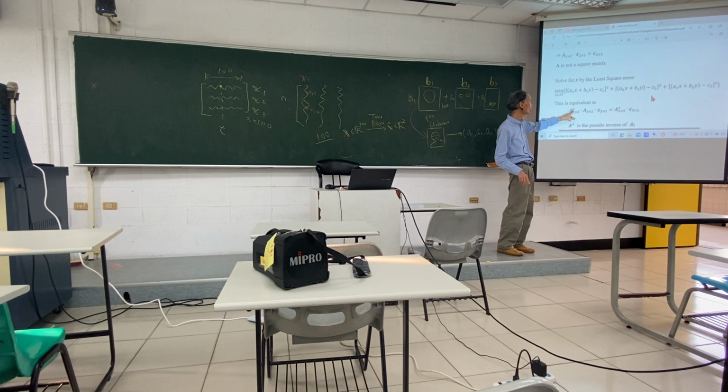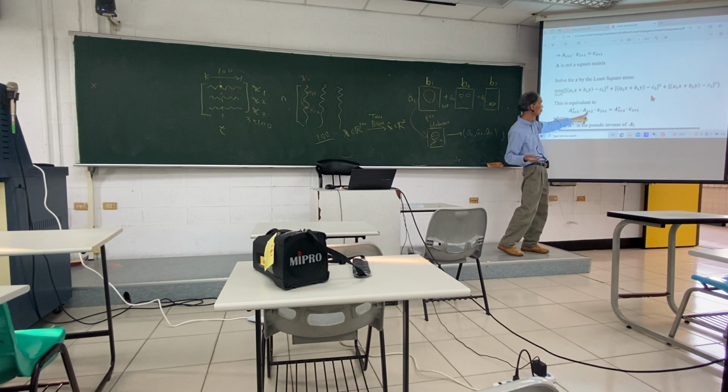Actually this is equivalent to the pseudo inverse. Because A is not square, it has no true inverse, so we use a pseudo inverse. The pseudo inverse times A, which is 3 by 2, gives a result that is 2 by 2.